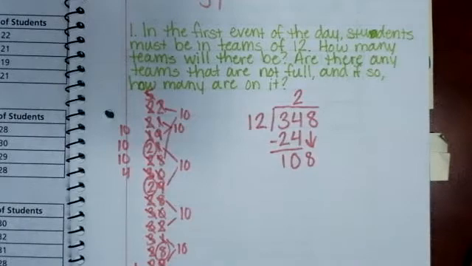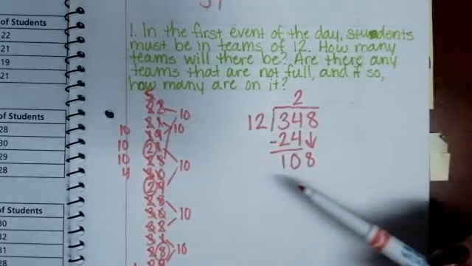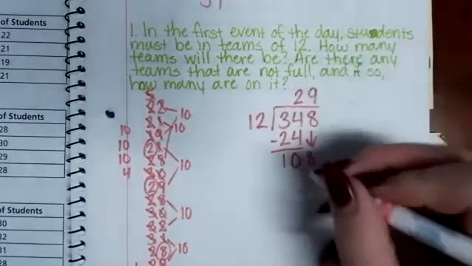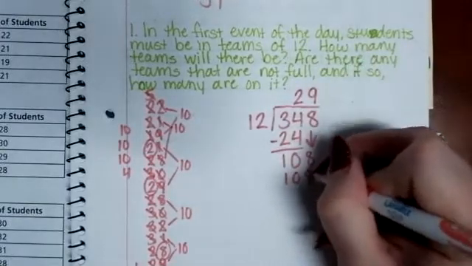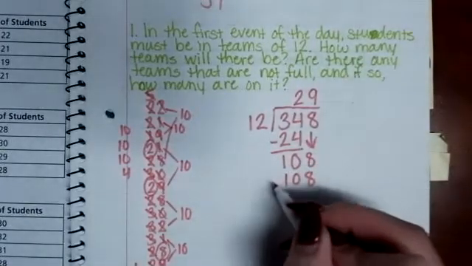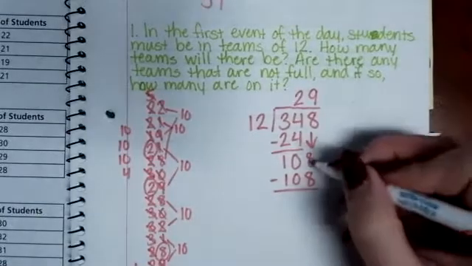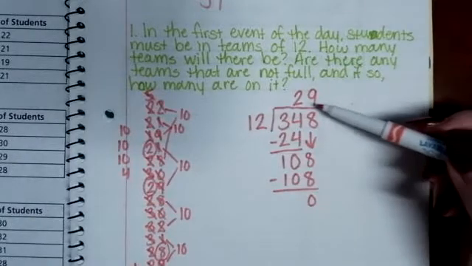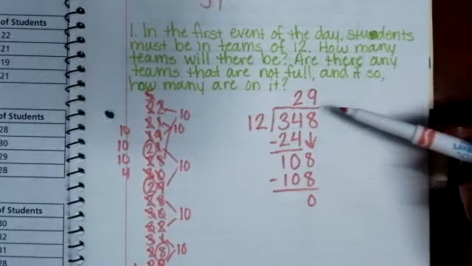I know my math facts, and I know that 108 divided by 12 equals 9. That's going to go in perfectly. So 12 times 9 equals 108. And if I subtract 108 minus 108, that's 0. I have nothing left over. So it looks like I have 29 for my answer.